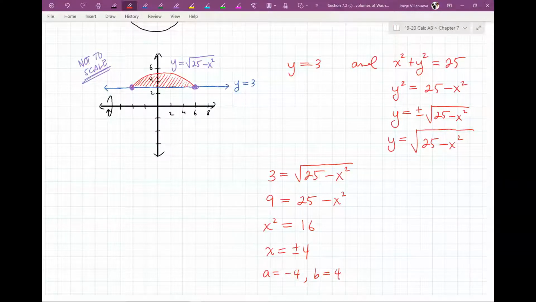Okay, now notice my axis of revolution is the x-axis. Okay, my axis of revolution is the x-axis. Now they didn't tell me that that's where I'm going to revolve it. That's where I placed it, because I figure it's going to be really easy to draw a circle if I started at 0, 0, right? So I'm going to make my x-axis the axis of revolution.